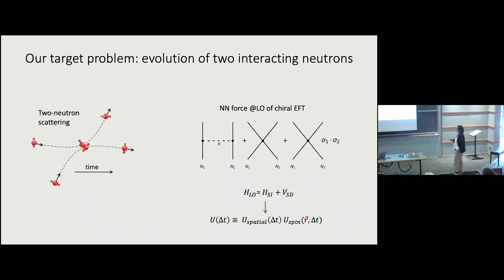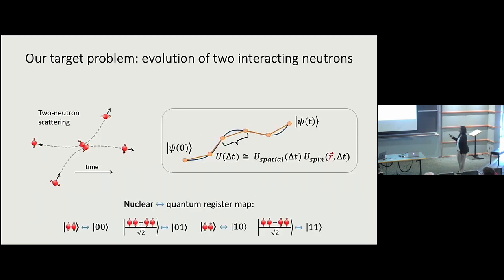They only depend on the spatial coordinate. So approximately we can write the evolution operator for a short time step as the product of these two operators that evolve the spatial part and then the spin part. And so then one can consider an algorithm of this kind in which we repeat this short-time operator to do our scattering.